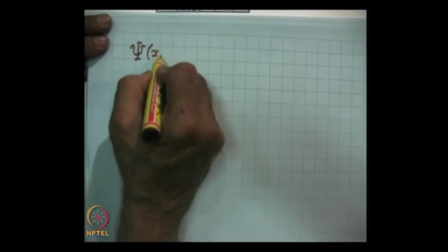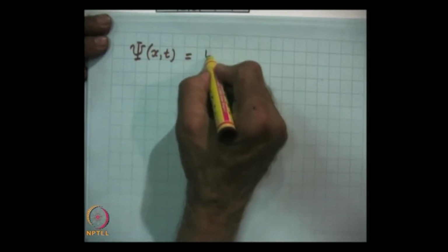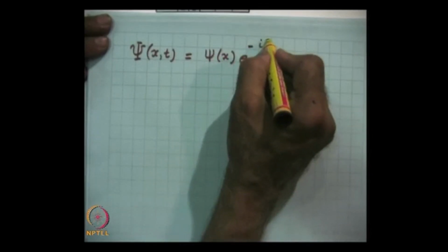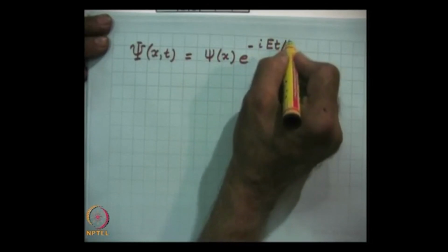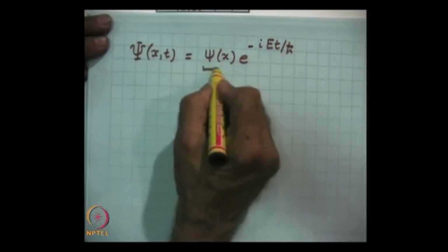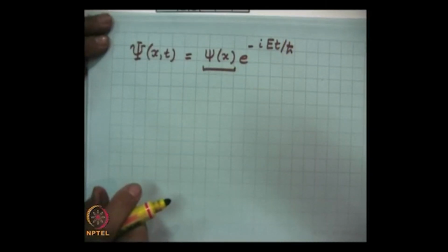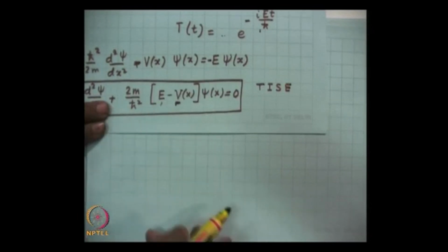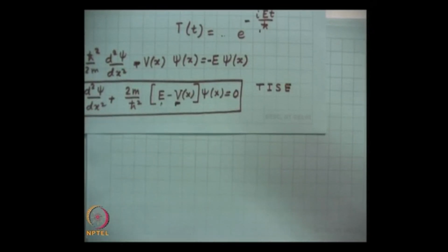So, the total solution psi of x, t will be equal to psi of x e to the power of minus i E t by h cross. First, we will find out psi of x and also try to find out what are the allowed values of E, and then try to obtain the most general solution of the Schrodinger equation.